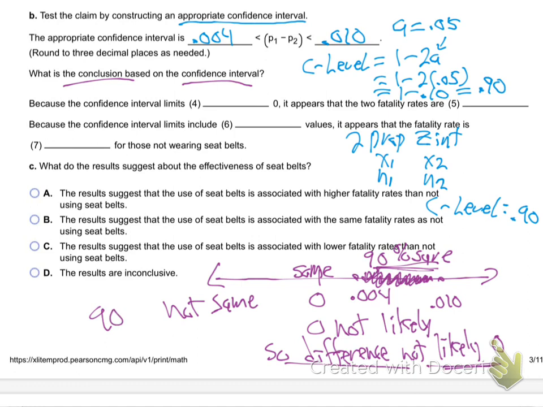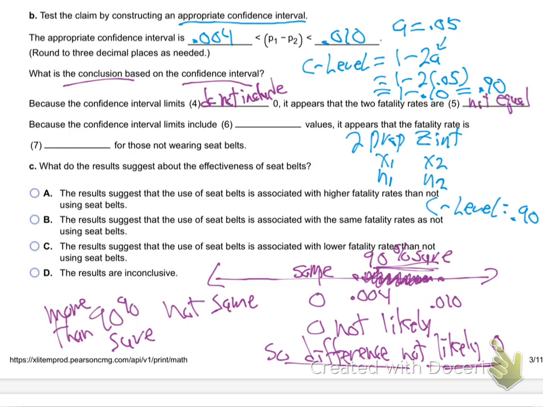We're actually more than 90% sure they're not the same, because the confidence interval limits do not include 0. It appears that the two fatality rates are not equal.